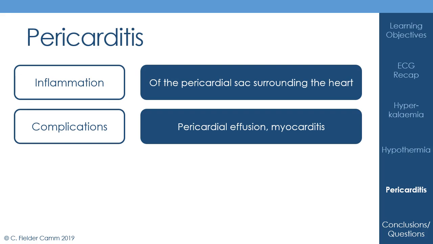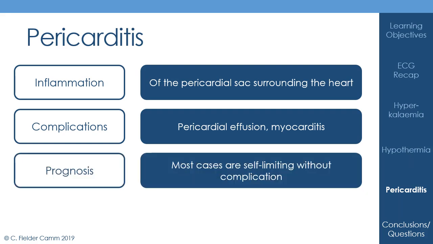When pericarditis occurs, one of the complications that are likely to occur is either the development of a pericardial effusion, so fluid building up in the pericardial sac, or myocarditis, which is when you end up getting inflammation of the myocardium itself. Now, in most cases, pericarditis is self-limiting and doesn't develop any complications.